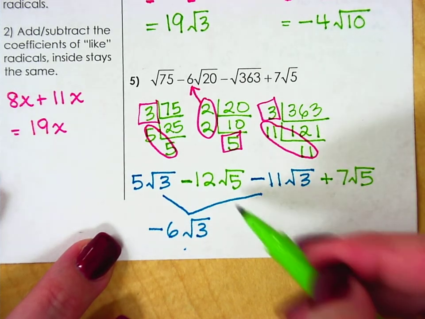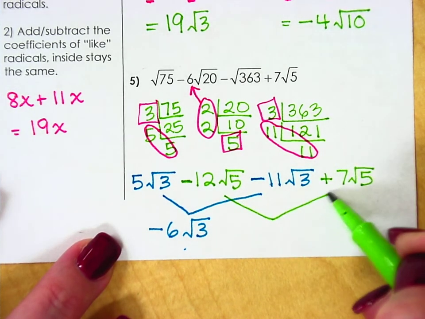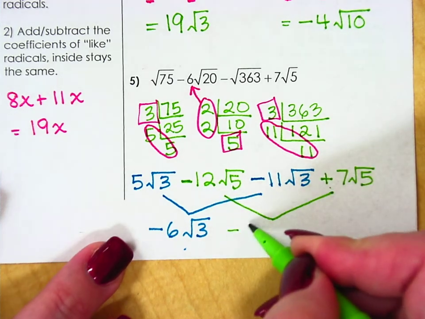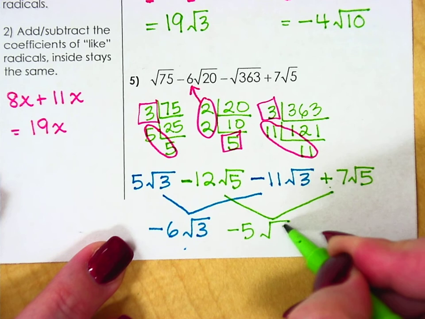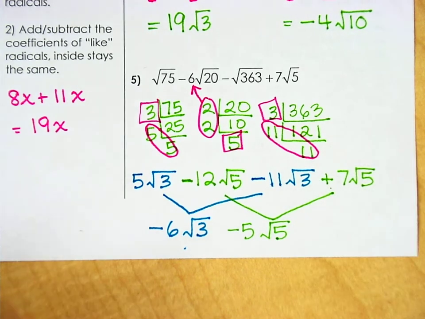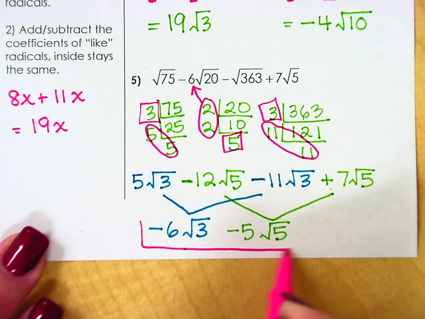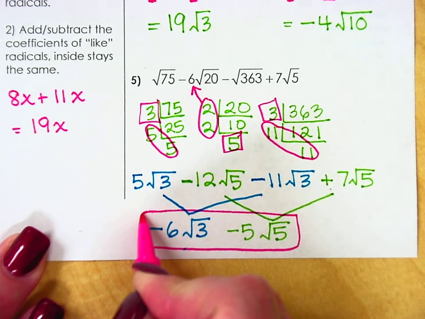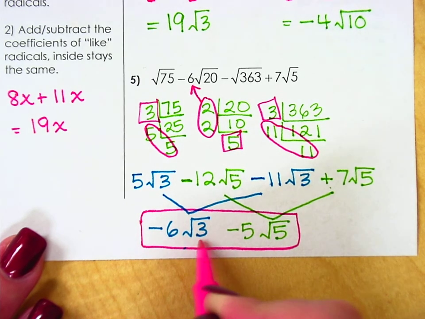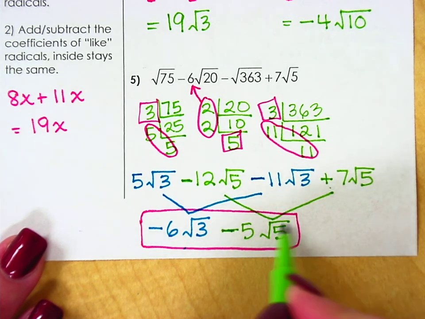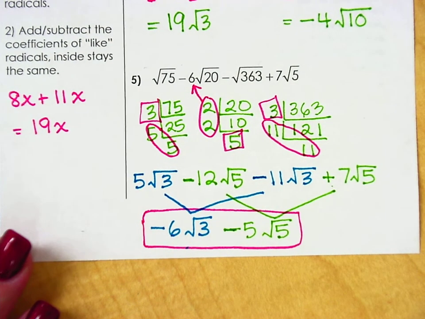And then the radical 5s get added together. So -12 plus 7 is -5 radical 5. And in the end, all of that together is my final answer. -6 radical 3 minus 5 radical 5. That's the final answer.